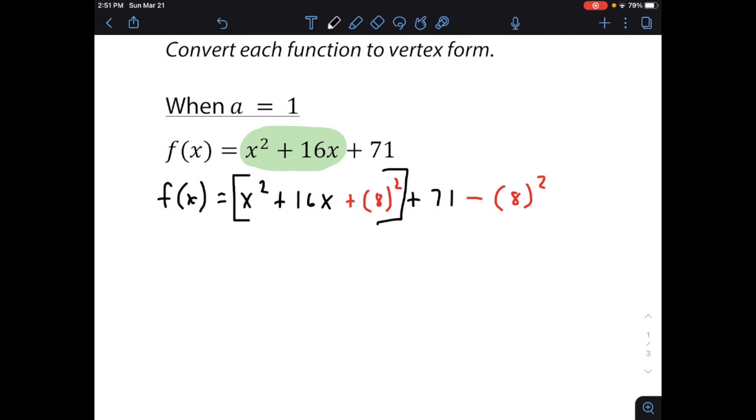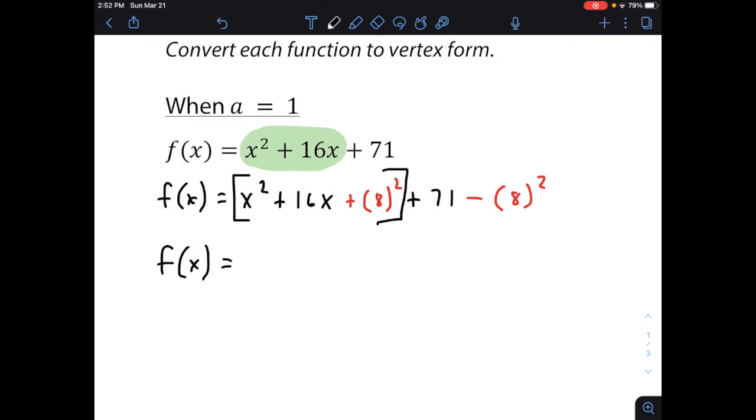Now, if you remember from completing the square, if we have something like x squared plus 16x plus 8 squared, it's perfect squares on either end, right? So that means we can write this as f of x equals, and I'm going to get rid of the brackets now.